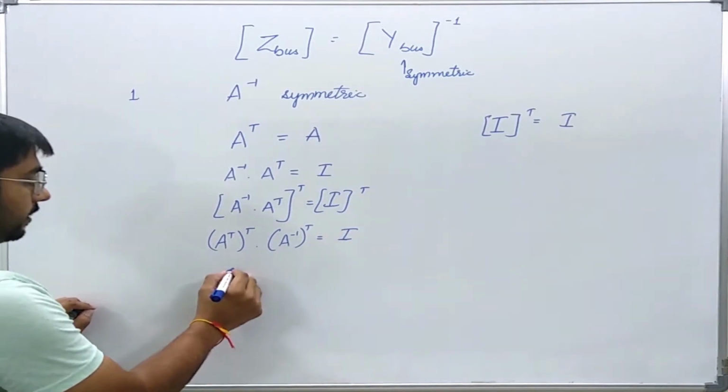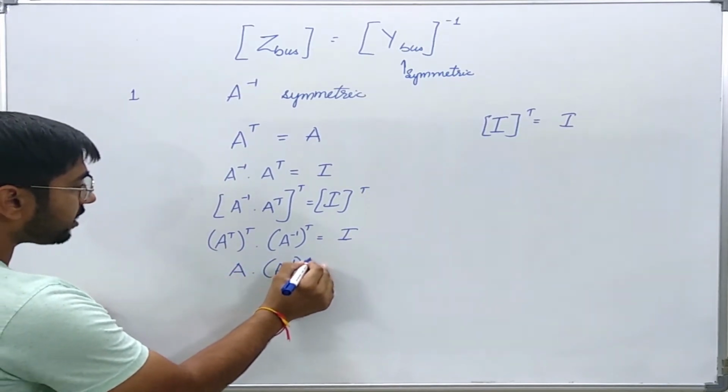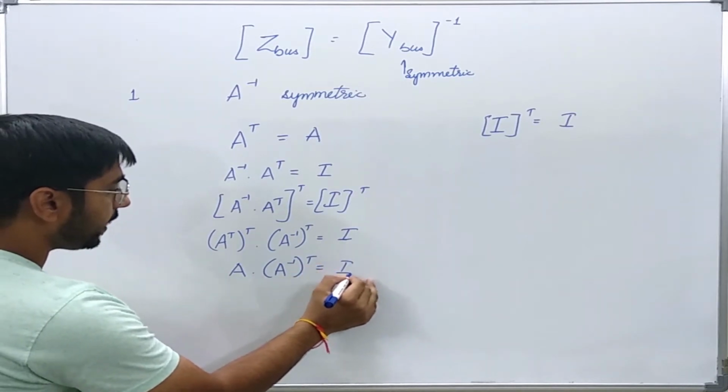Now this is nothing but A into A inverse transpose is equal to I.